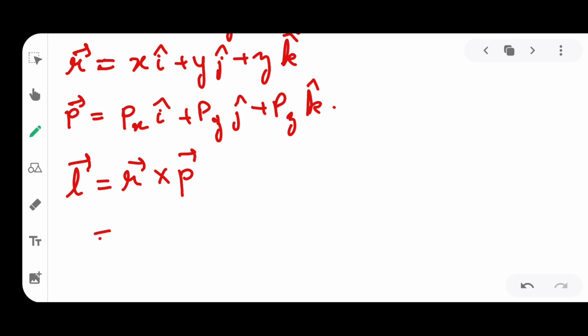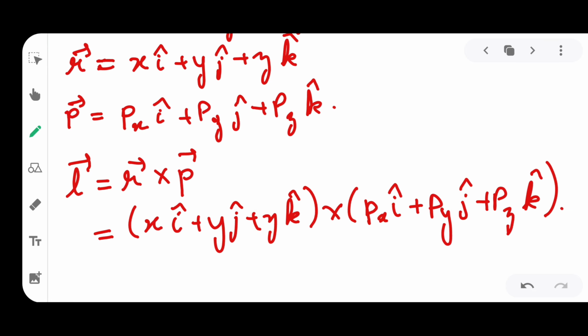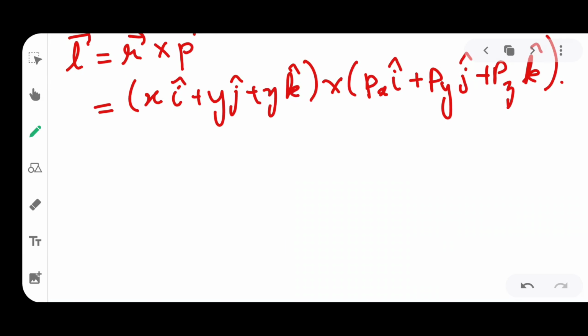So what will we get? For r vector, we substitute x i cap plus y j cap plus z k cap, cross p vector, that is px into i cap plus py into j cap plus pz into k cap. Now you know how to find the cross product.